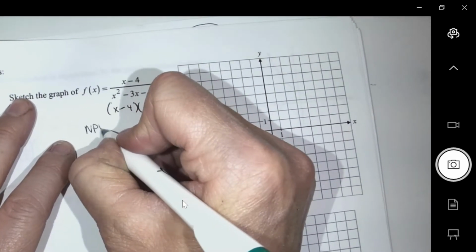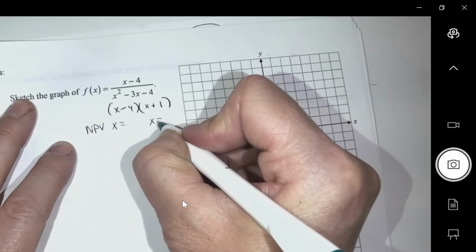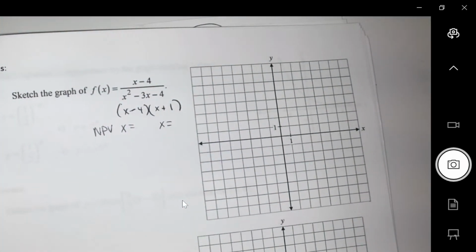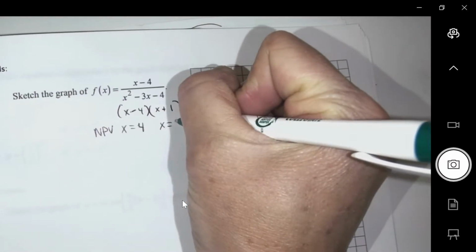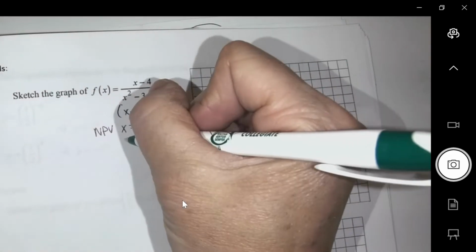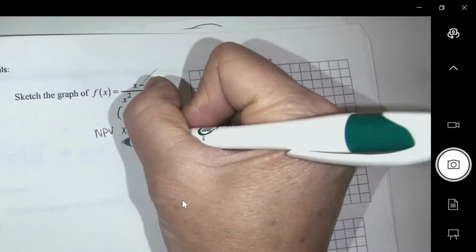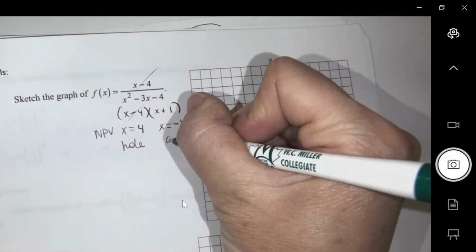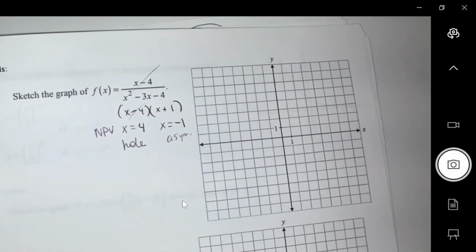Okay, non-permitted values. What do I not want x to ever be? A 4 and a -1. Not allowed. There is a hole, so this one gets canceled, so it will be a hole. And then this one will be an asymptote.